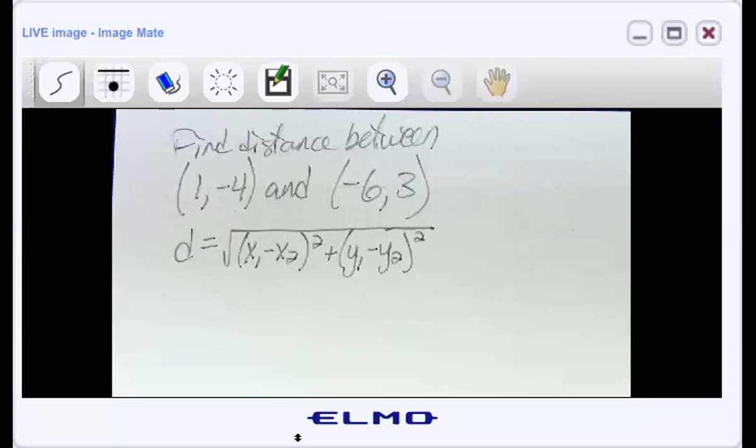The last one I got 7.1, but this one that's on the screen, I have something higher than that. Anybody else get an answer? I only have one so far.